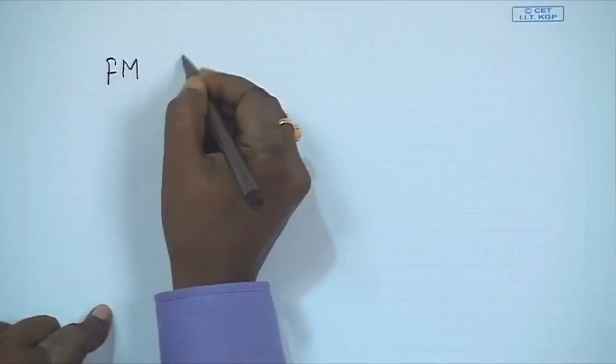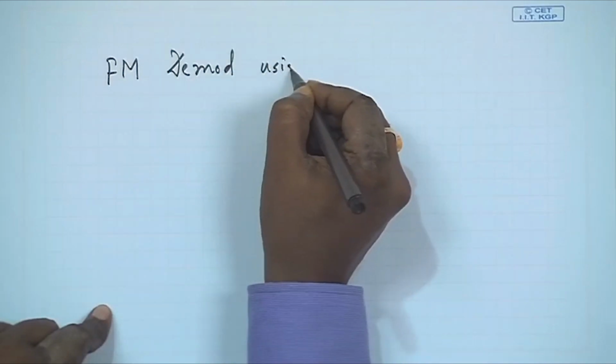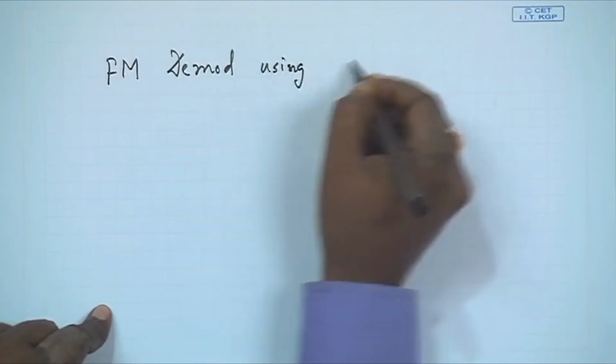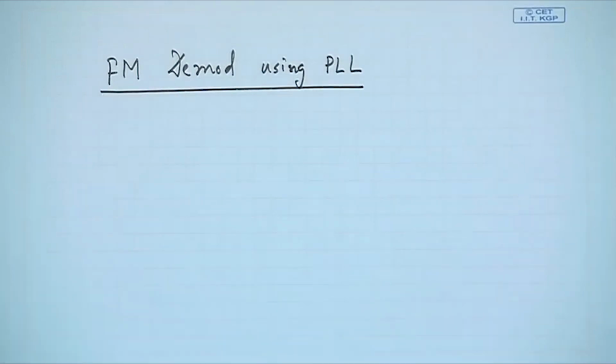okay, that is FM demodulation using PLL. Okay. So, if you remember, for PLL we have also used a VCO, right, that was how we designed PLL.